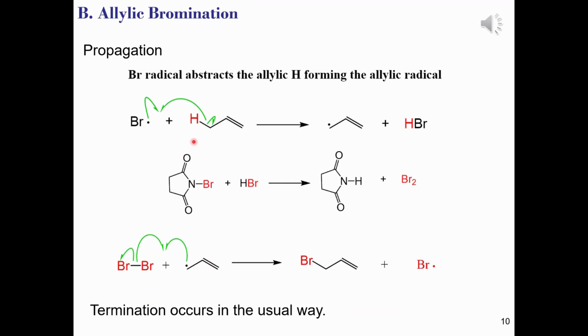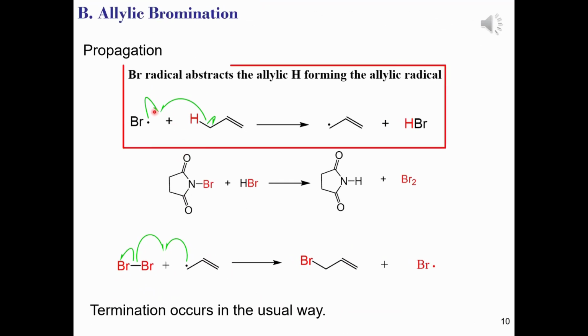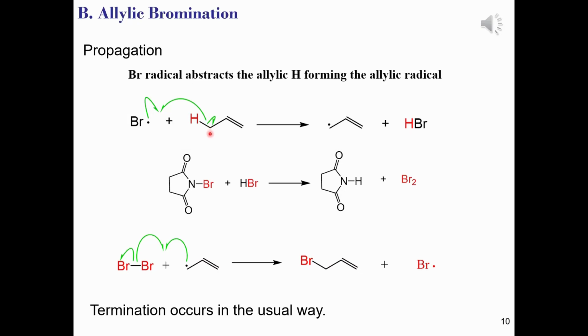After initiation comes propagation. The bromine radical abstracts an allylic hydrogen because it has the lowest bond dissociation energy, forming the corresponding allylic radical, and also forms hydrogen bromide. Remember, the allylic radical produced is resonance stabilized.